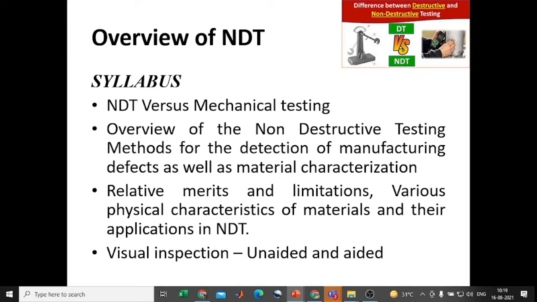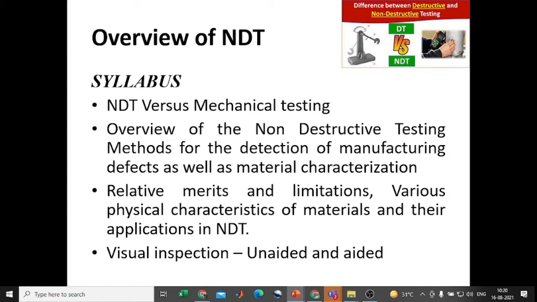Material characterization means its microstructure, how the material's microstructure is formed, how the atomic structure is formed, how the unit cells are framed, and how the atoms are arranged in the lattice plane. Likewise, we can examine with microscopes and scanning electron microscopes. Likewise, with different instruments you can examine the object or workpiece with the aid of images.